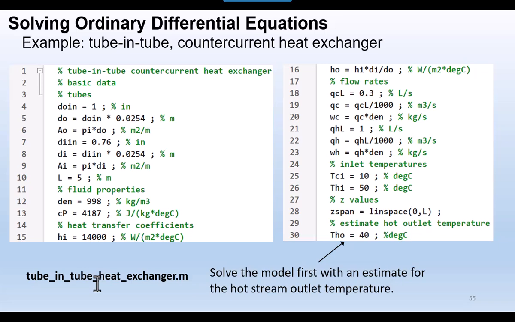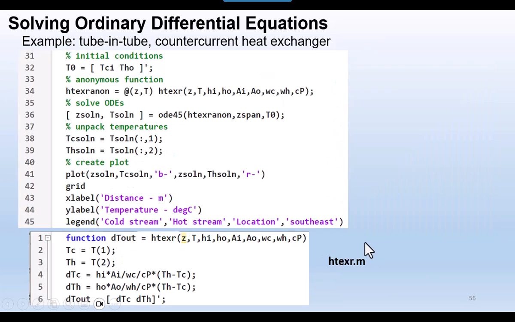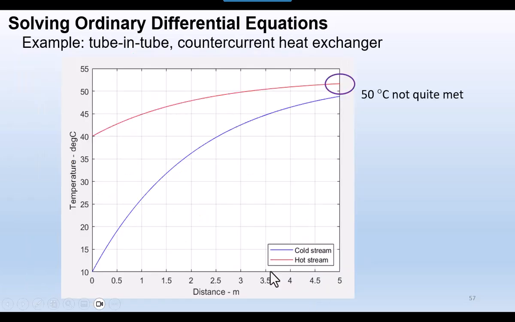Just documenting what our various specifications were, and where we started this was with an initial guess for the hot outlet temperature of 40, and then going through and solving the equations with our HTEXR, defining the derivatives. And then this is what we got, and it didn't quite meet our 50 degrees C requirement.